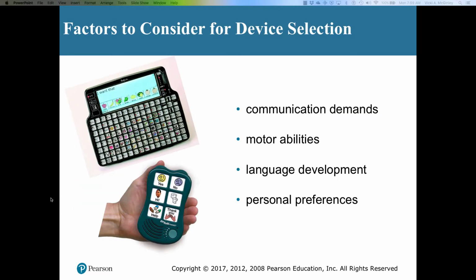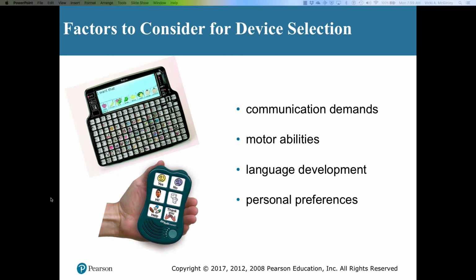Well, the communication demands are number one. It's not appropriate for a child just to talk about going to the bathroom and wanting a drink. The child needs to be able to talk about his or her day. You have to consider the child's motoric abilities. Can they directly select or push onto something? Or do they need some other way to access the communication device, maybe through some kind of switching device?